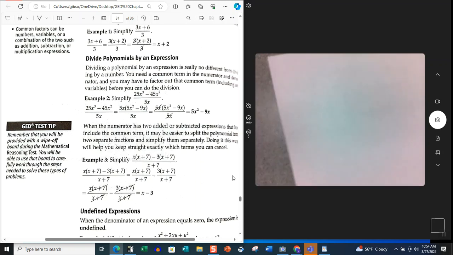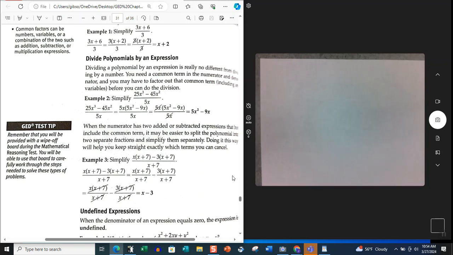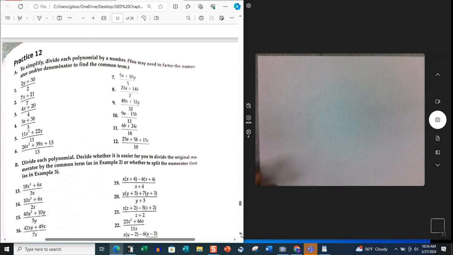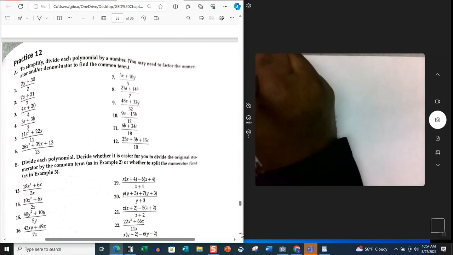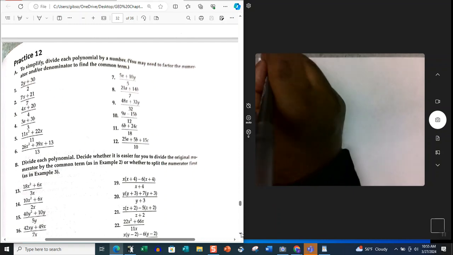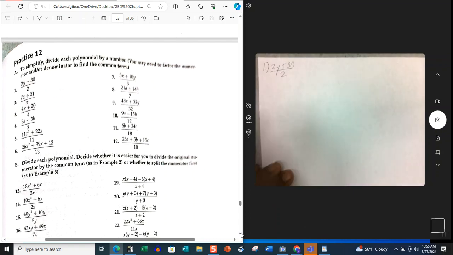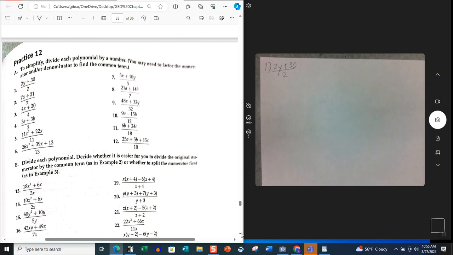Now we go back. Go back here. So they want us to solve this. So number 1, we have 2y plus 30 divided by 2. Now here, they want you to factor the numerator and denominator.